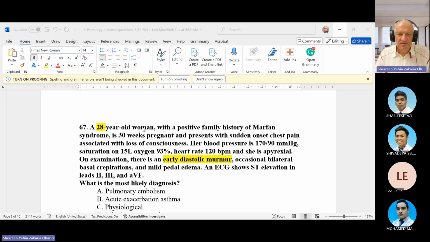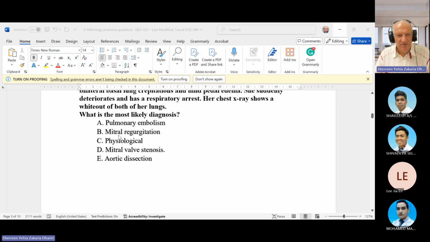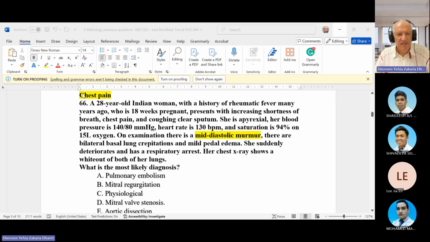28 years old woman, positive family history of Marfan syndrome. If we mention Marfan syndrome, I think we have one before that. Okay, sorry, we have one before that. 28-year-old Indian woman. Of course, this exam is a British exam. So if you need to mention something very rare in the UK, like rheumatic heart disease, which is impossible to happen nowadays in England, they can mention overseas, foreigner, traveler, or another country.